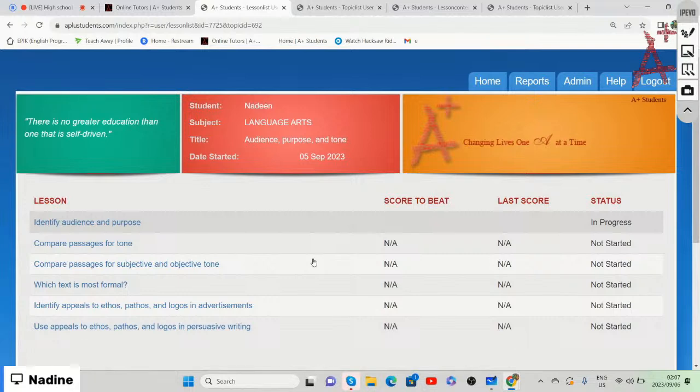Then we will be able to find out which text is more formal. And then we identify appeals to ethos, pathos, and logos in advertisements, and also how to use those in persuasive writing. So we're going to the first lesson, which is identify audience and purpose.